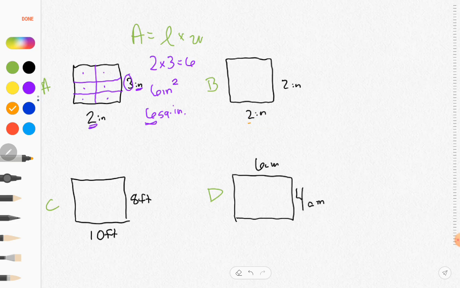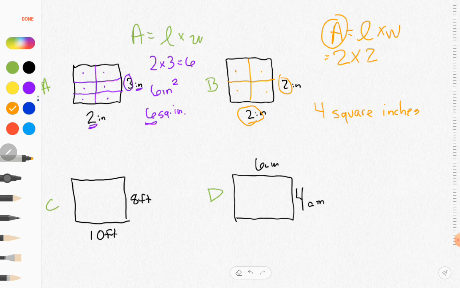If we divide it into 2 and we divide it into 2, what does that give us? That gives us 4 square inches. And if we want to check it with area equals length times width, we're going to have 2 times 2.